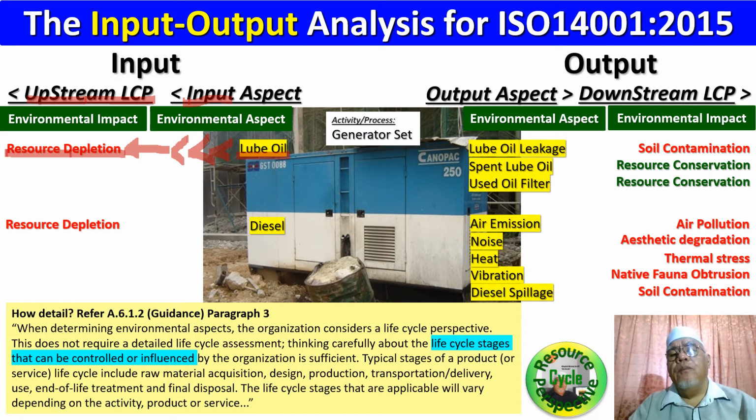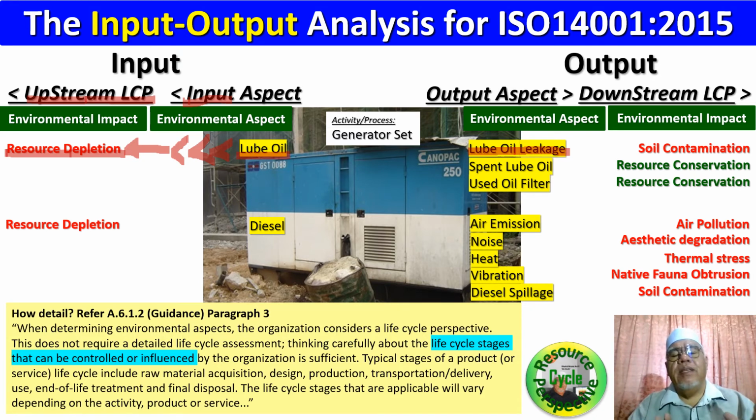On the other hand, one of the issues that were common during my audit days was the oil sump underneath this genset, which never fails to show me that it leaks. Okay, so this lube oil leaked out from the oil sump.